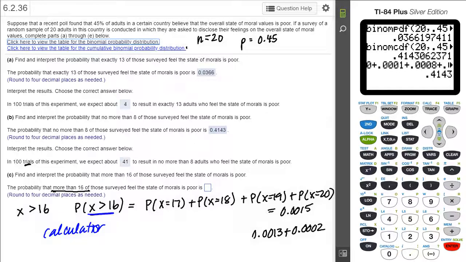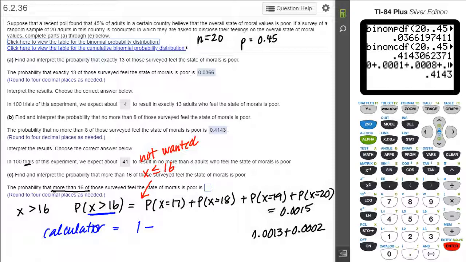So we want to add stuff up until 16, but we want the other side of 16. So here's where we use that at least idea. We want the probabilities that are bigger than x equals 16. So 1, that's the probability of everything, minus the probabilities that are not included here. See how we started at 17? So x less than or equal to 16 was missing, or not what we wanted.